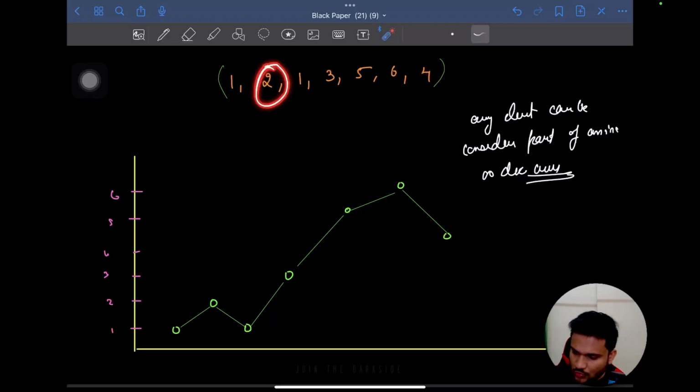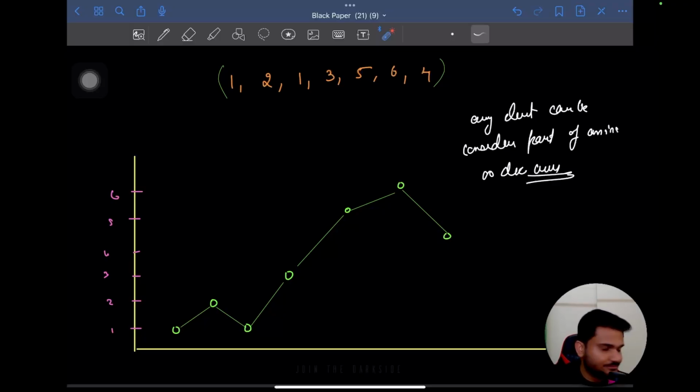If I take this 2, let's say it is a part of an increasing curve. In fact, 2 can also be considered a part of a decreasing curve, and so on. So every element is either a part of an increasing curve or a part of a decreasing curve. Can I say that? If that is the case, then how about if somehow we can detect whether the element is part of an increasing curve region or a decreasing curve region?